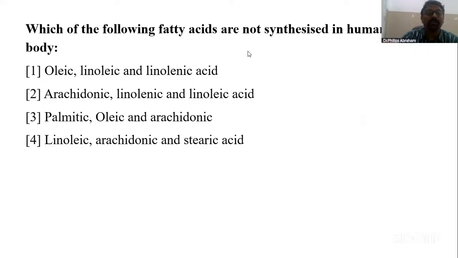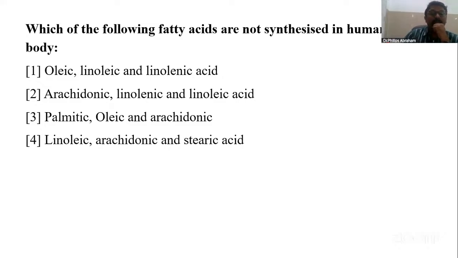What is that all about? They are essential fatty acids, and they are linoleic acid, linolenic acid, and arachidonic acid. Option number 2, they are essential fatty acids. In that we say arachidonic acid can be synthesized from linoleic acid, so we call arachidonic acid semi-essential also.